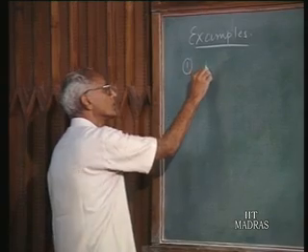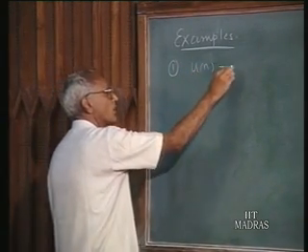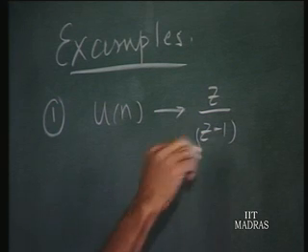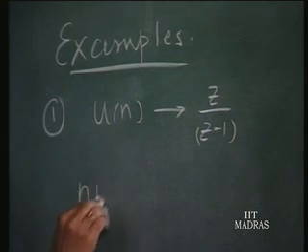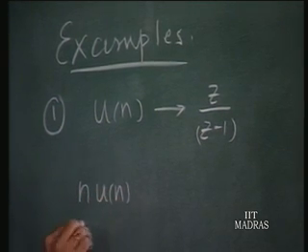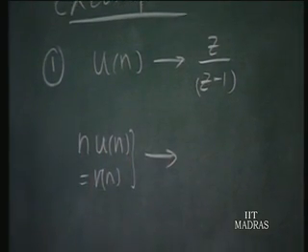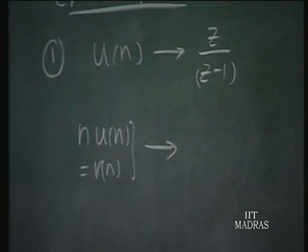We know that u of n has the z transform z upon z minus 1. Now, what is the z transform of n u of n, which is of course R of n? We can deduce it from the z transform of u of n by using just the property that we have just now discussed.